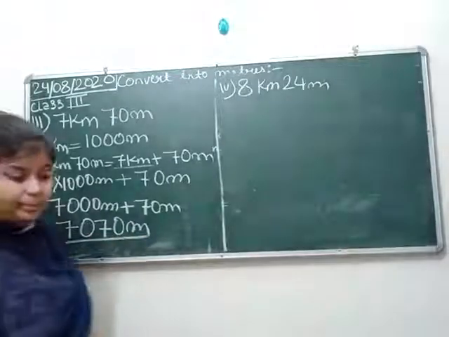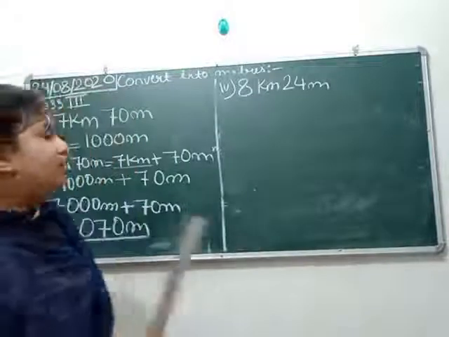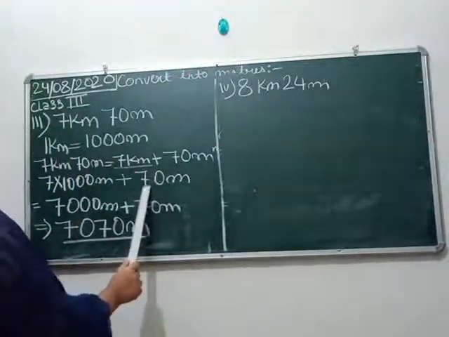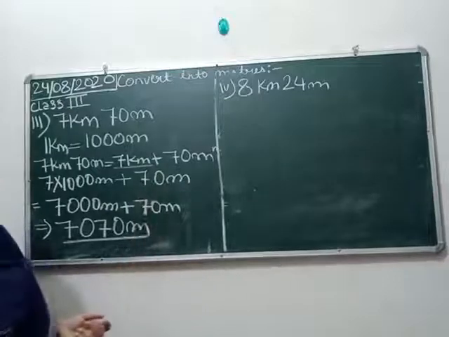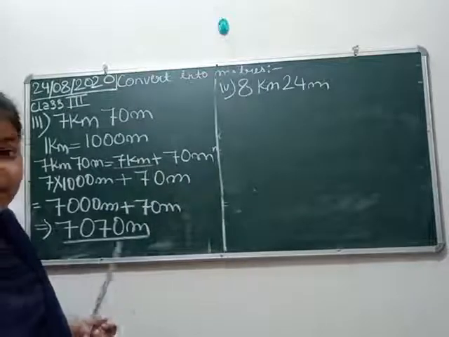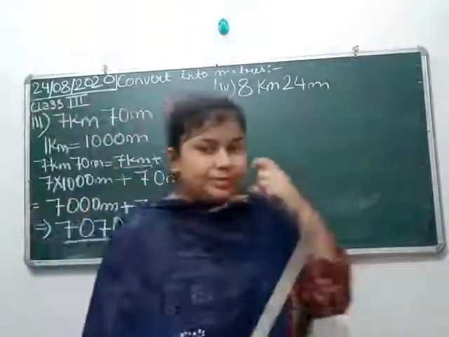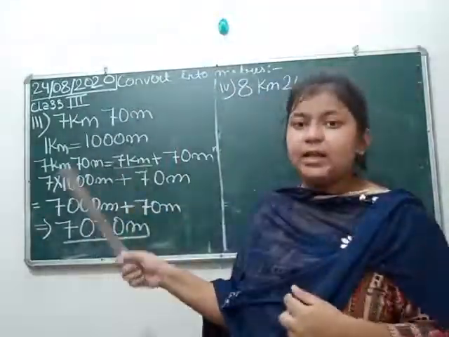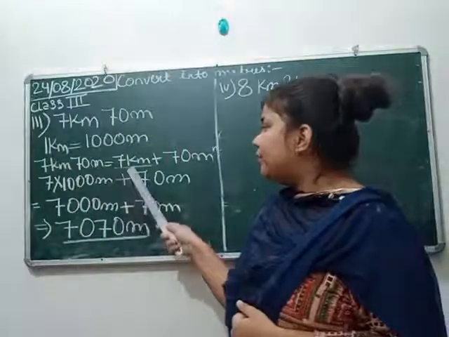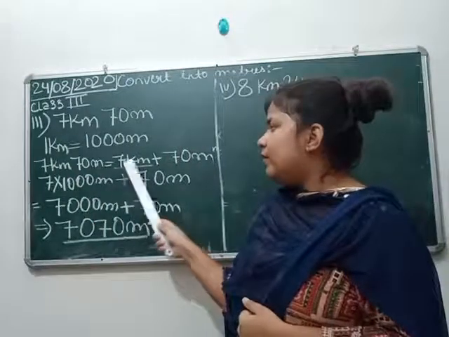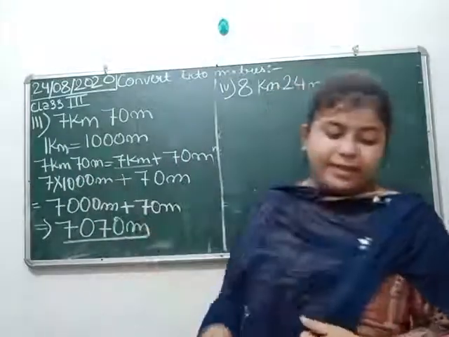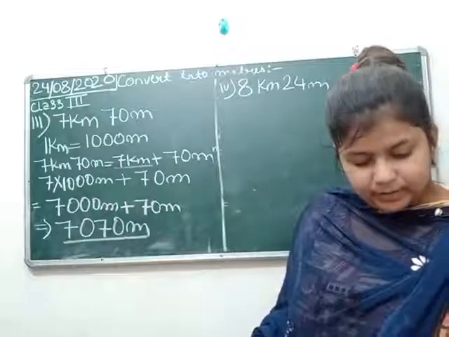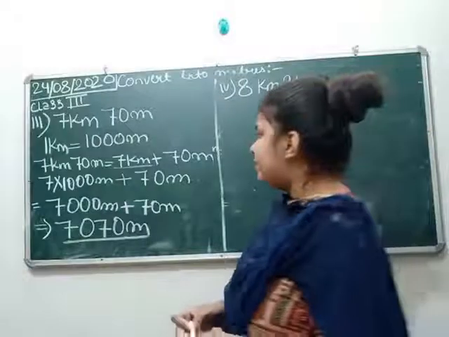Now it's time for me to explain to you. See, all the things remain the same. Only difference is that here we are having 70 meter. So first what we did, we converted 7 kilometer into meter. When we converted, we multiplied by 1000 and here we just add 70.